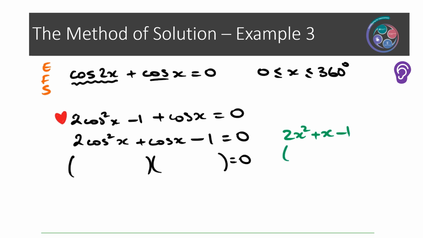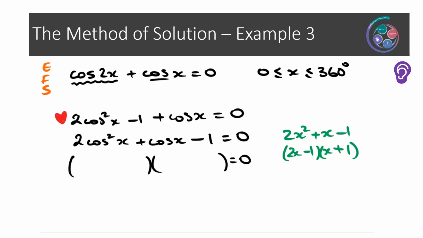Okay, something that we've been good at factorising in National 5. 2x times x for 2x squared, 1 times 1 for 1 at the end, and then 2 times positive 1 to give us 2, take away 1 to get the 1 in the middle. So factorising this gives these two brackets.